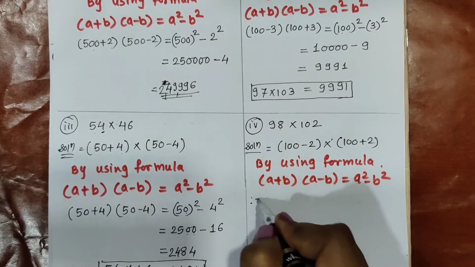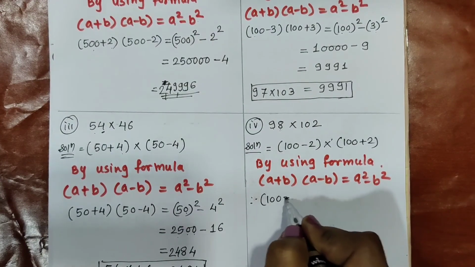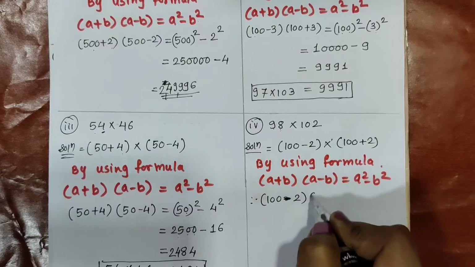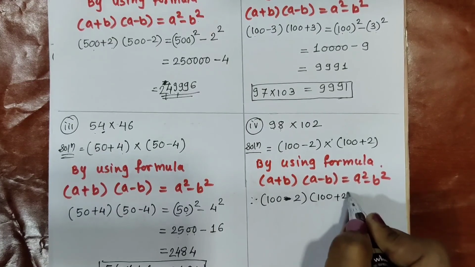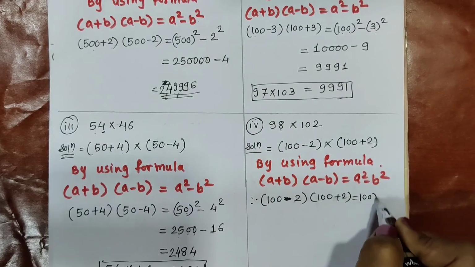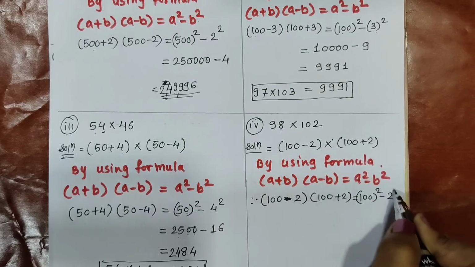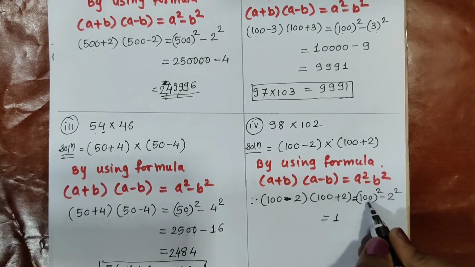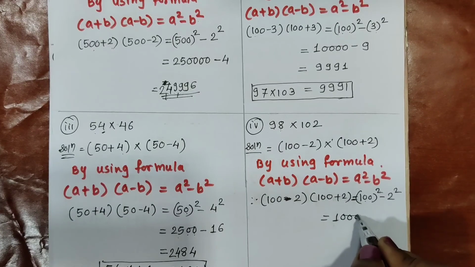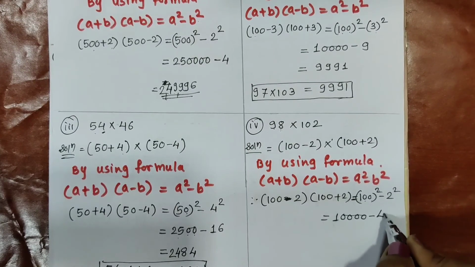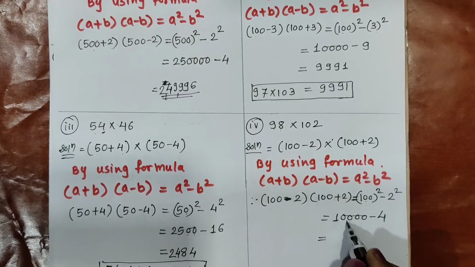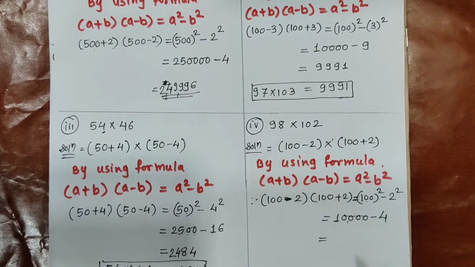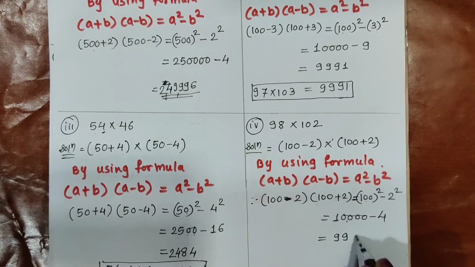Now we use the formula here, (100 minus 2)(100 plus 2) is equal to 100 square minus 2 square. Now 100 square means 1 square is 1. In place of 2 zeros we write 4 zeros. Minus 2 square is 4. So it is 10,000 minus 4. 10,000 minus 4 is 9996.